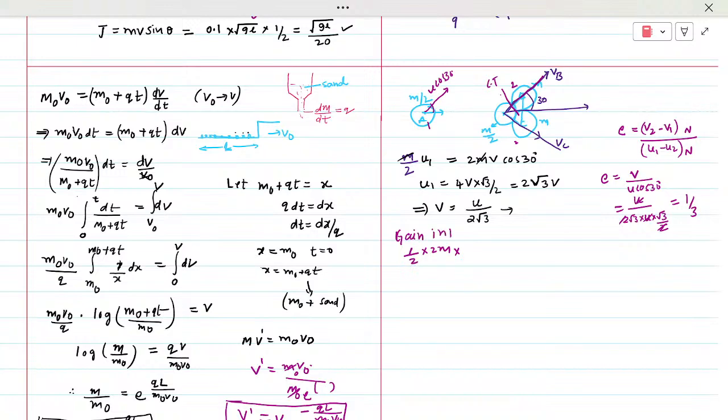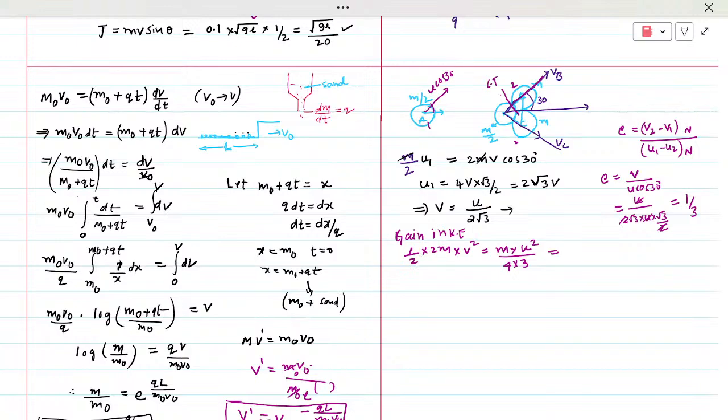Gain in kinetic energy is 1 by 2, 2m into V square. So that equals m into V square, which is U square by 4 into 3. So that equals mu square by 12. The answer is for 2m only.